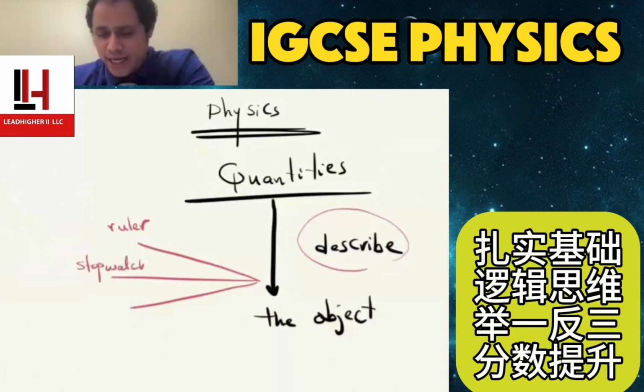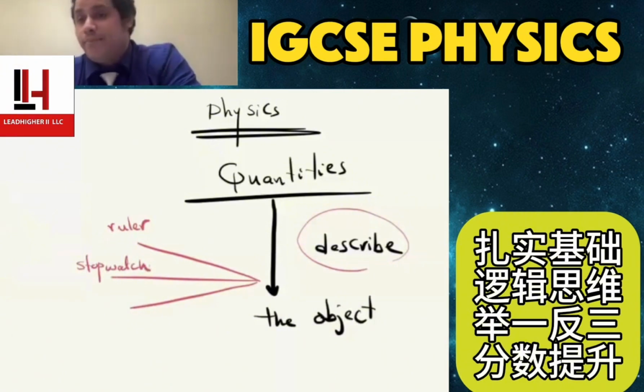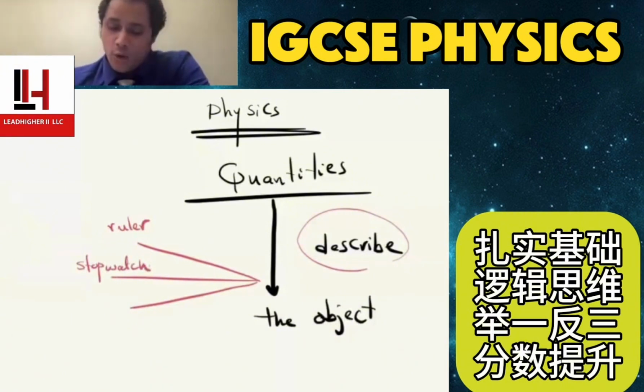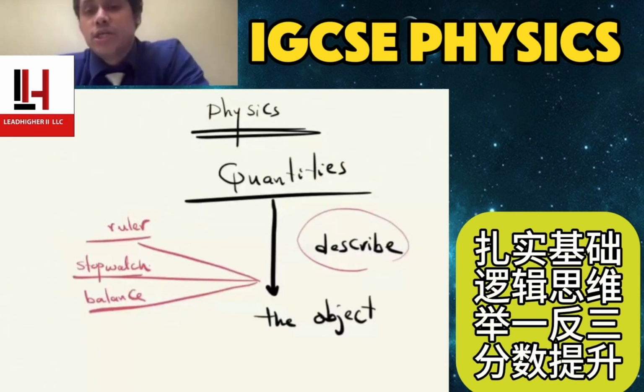Or clock, as you said. The third one, if I want to know how much I weigh, or what my mass is, I need a balance. So a balance measures my mass, a stopwatch my time, a ruler my height. All this describes the object. So this is kind of an introduction.